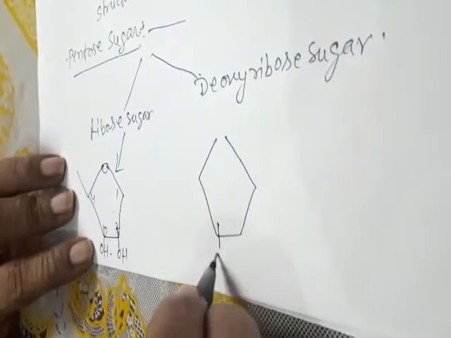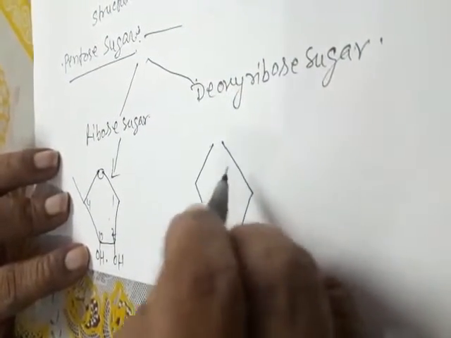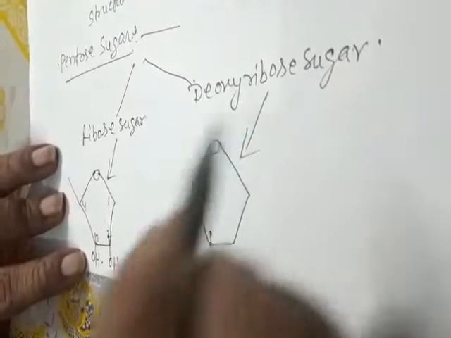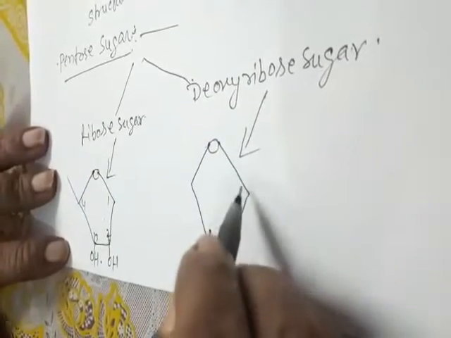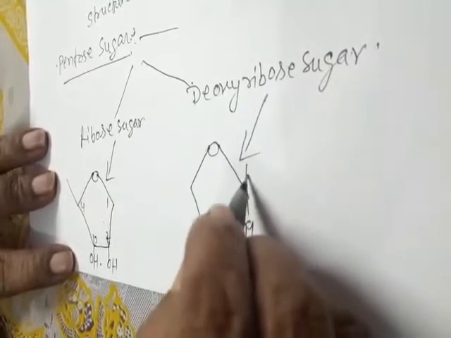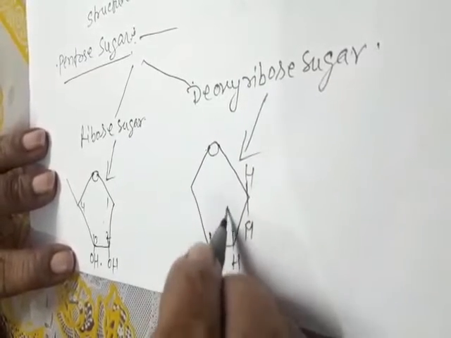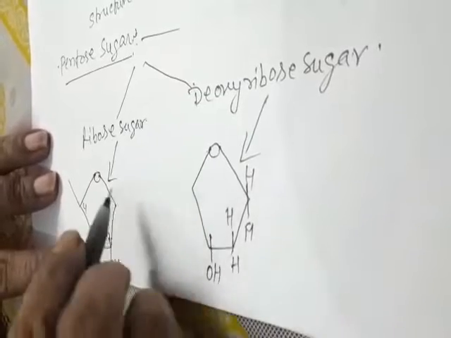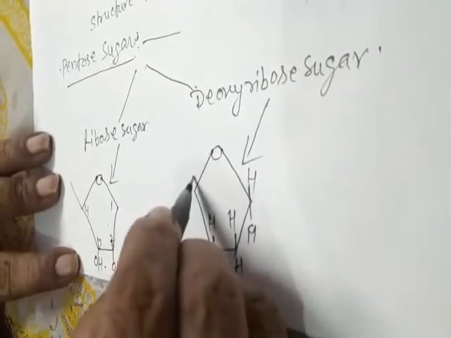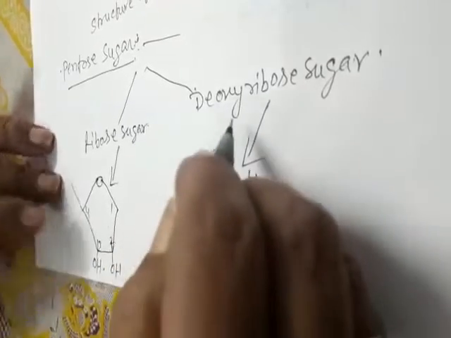When the hydroxyl group is absent at the 2' position, it is known as deoxyribose sugar. So this is the structure of ribose sugar or deoxyribose sugar.